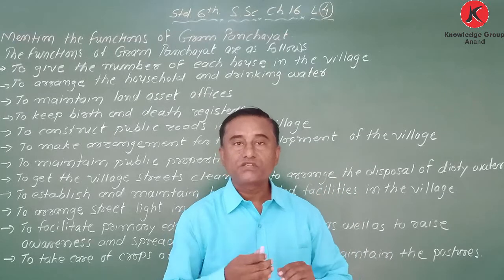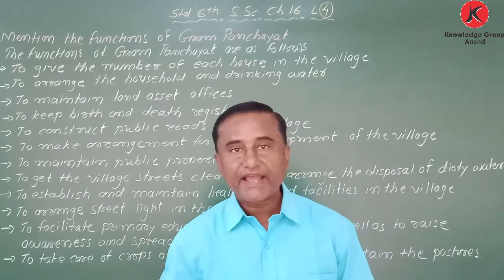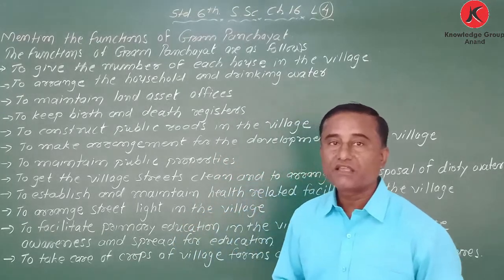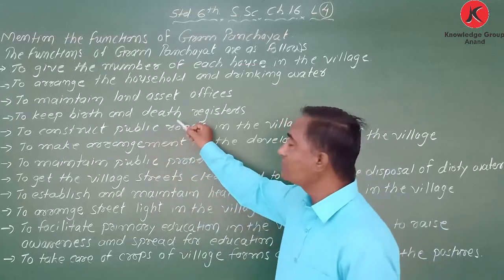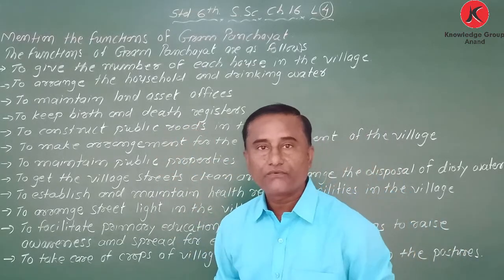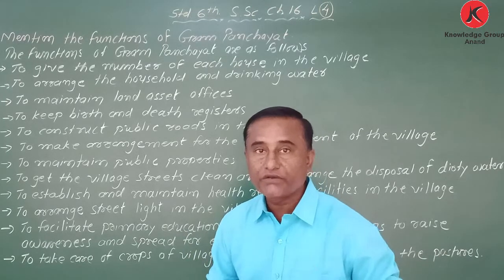On so and so date, so and so person was born or died. So the gram panchayat keeps a record of birth as well as death, and within 24 hours or 36 hours, it is our duty to register.